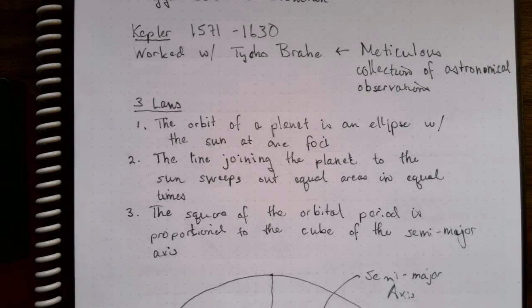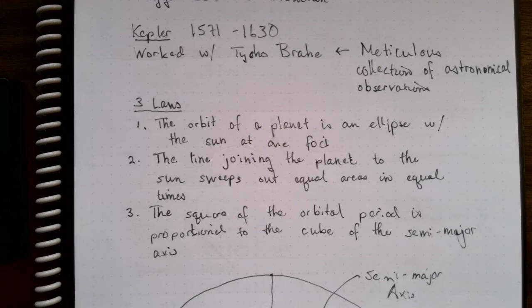So people would modify the orbits of these planets so that the orbit is moving on a circle that rotates on the perimeter of another circle.